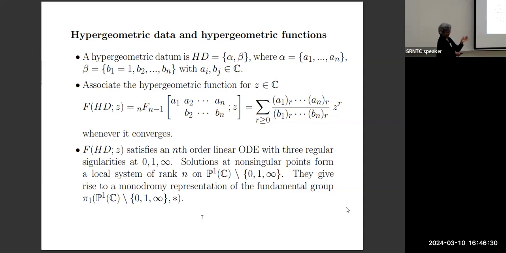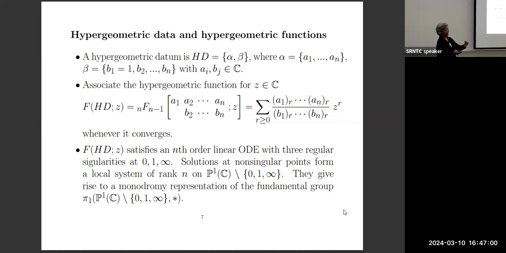Now, if you start with a non-singular point, and you have a loop on this P1C with 3 points removed, you start with this point, then you move around along this cycle that you have chosen analytically. When you return to your starting point, usually you will end up with another solution through the same point.